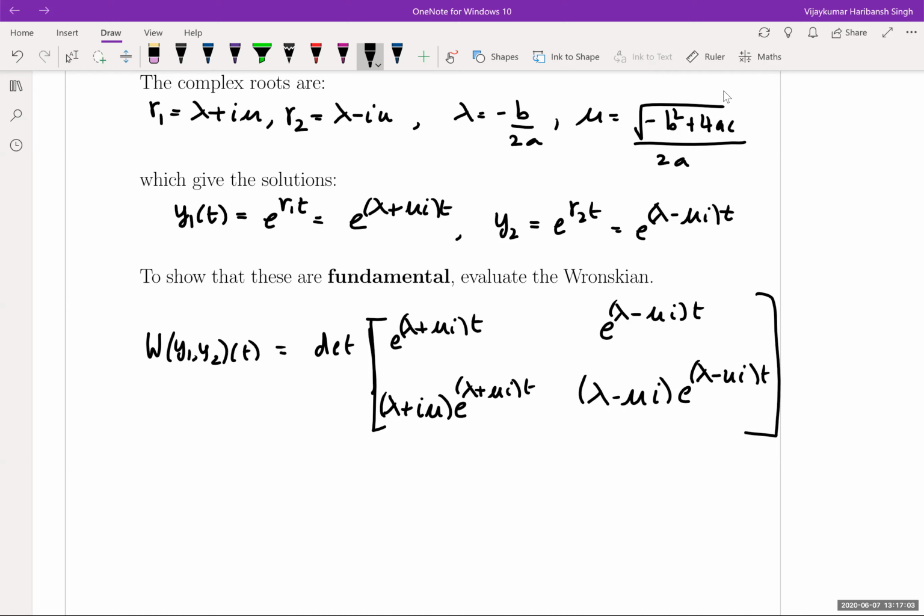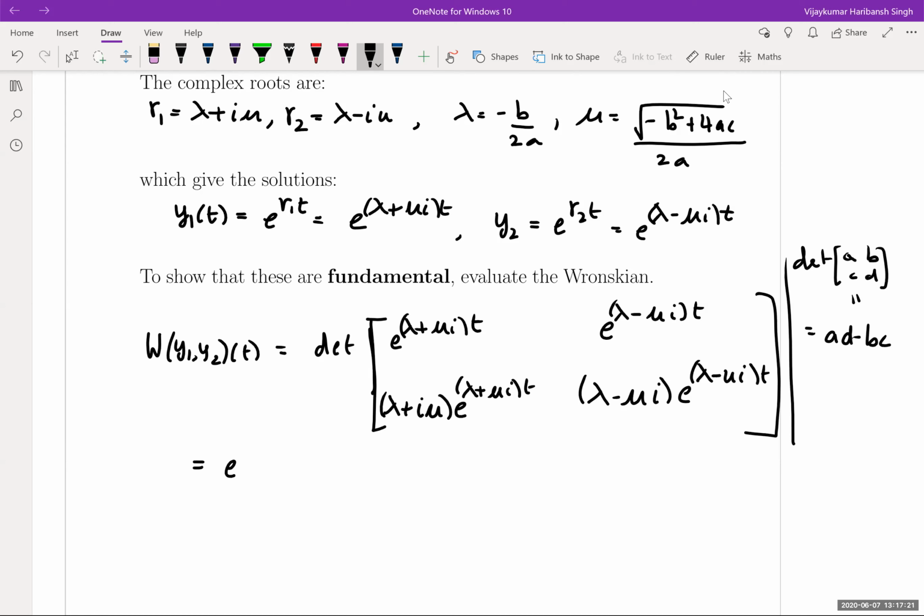Recall, the determinant of a, b, c, d is ad minus bc. So I'm going to do the same computation here as we did earlier.